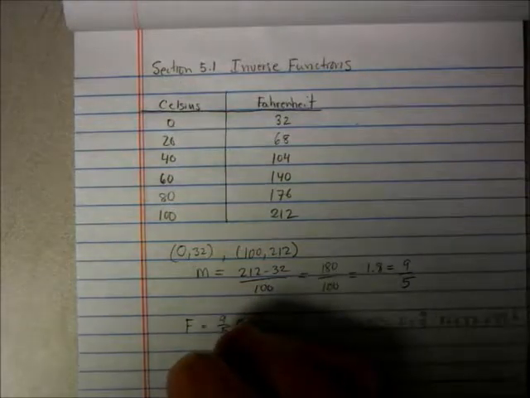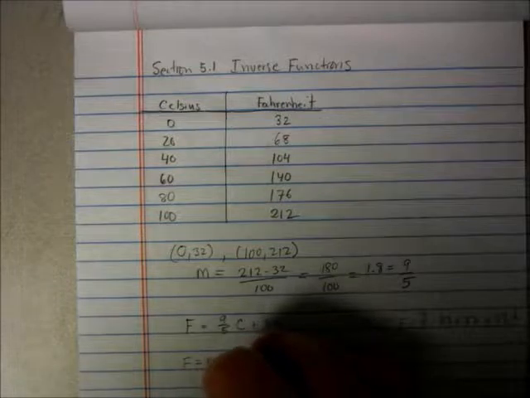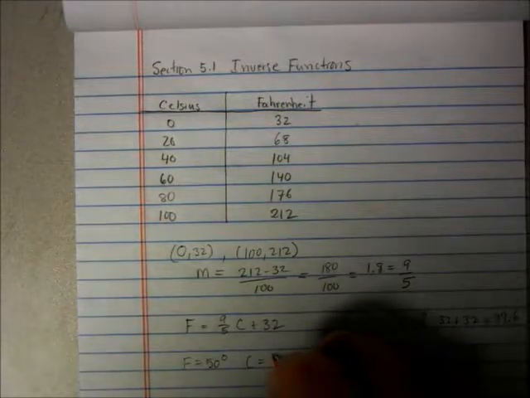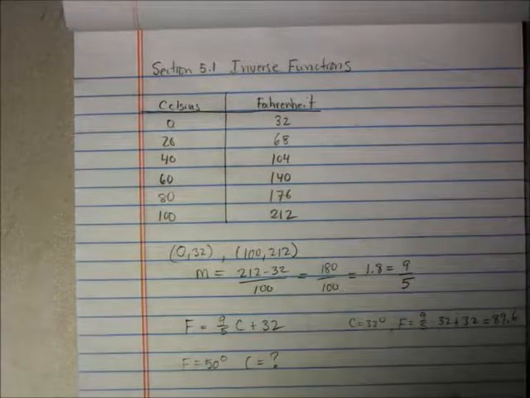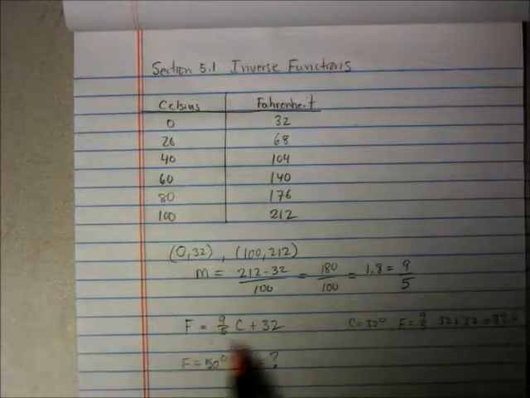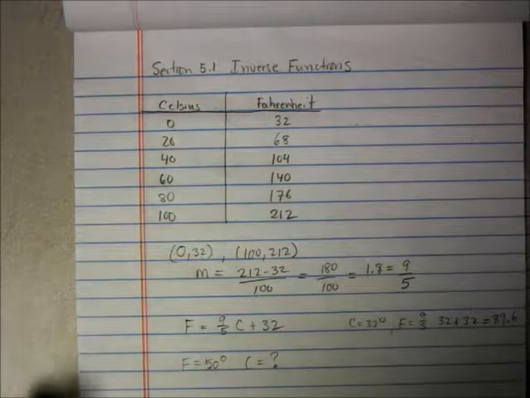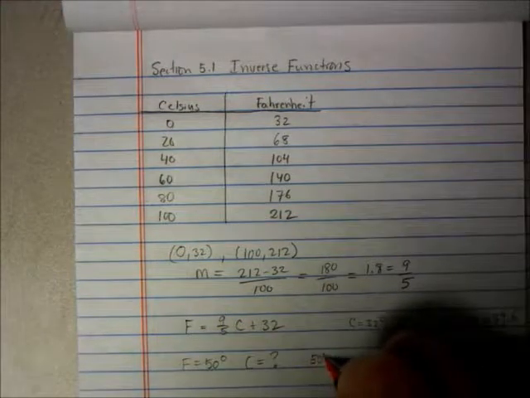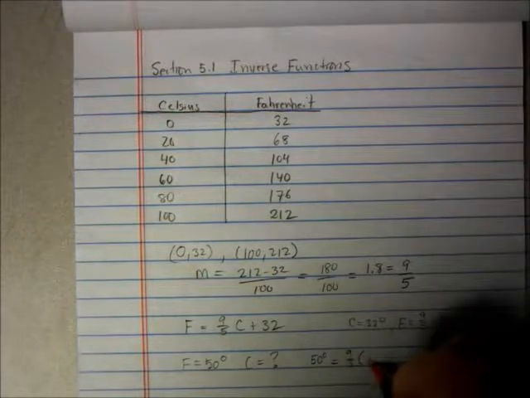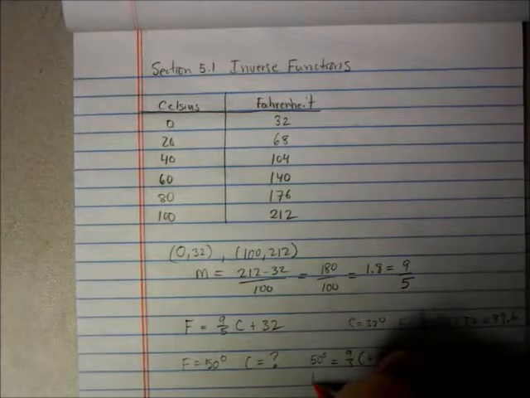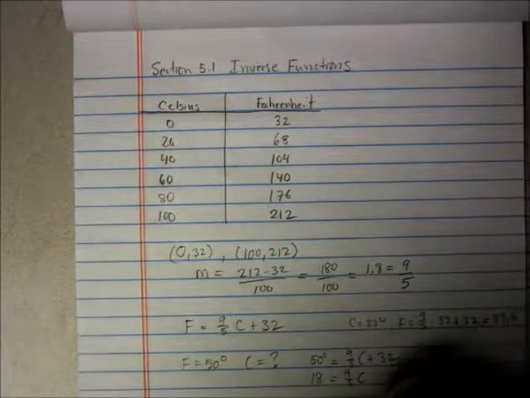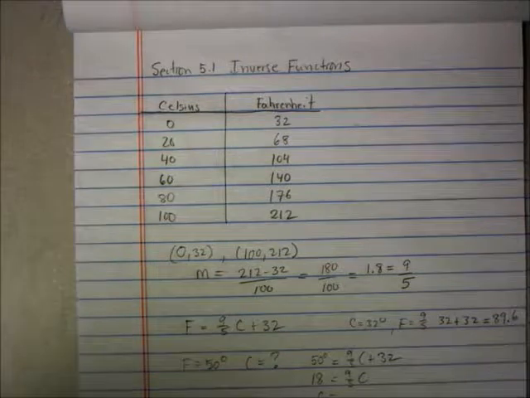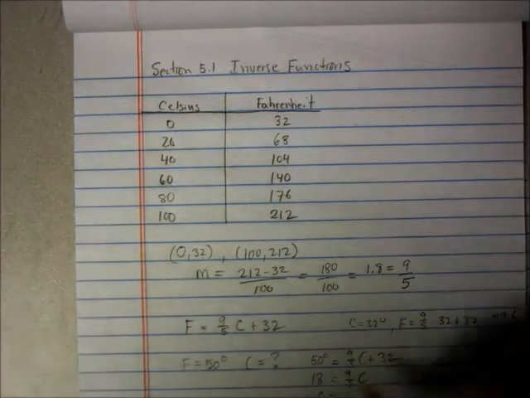So they would be given the Fahrenheit temperature, F is 50 degrees, and they would want to know what the Celsius temperature is going to be, because that's the unit they're comfortable with. Using this formula, we could figure it out. I could plug in 50 and solve. So I subtract 32 on both sides. 18 is 9/5 C. Divide, C is 18 divided by 9/5, 10 degrees Celsius.